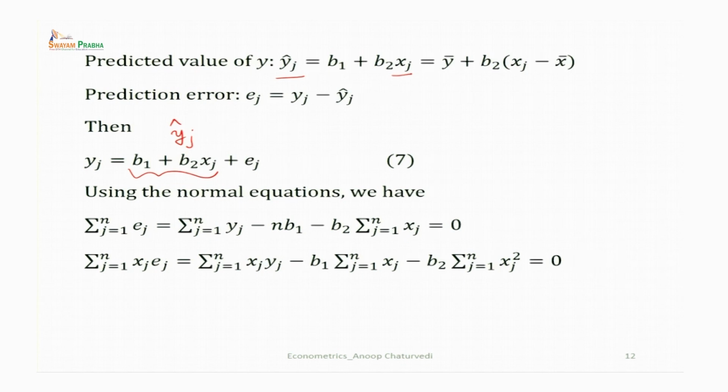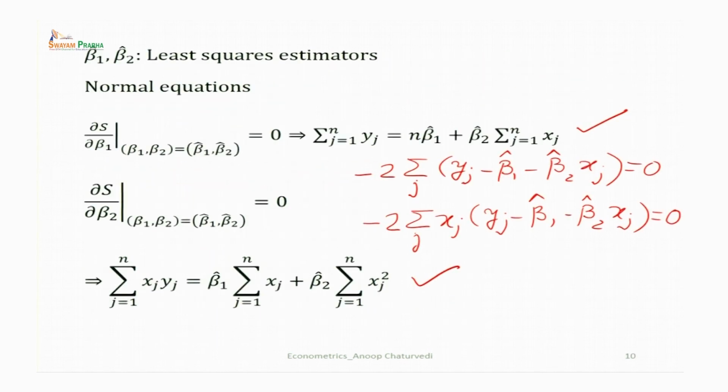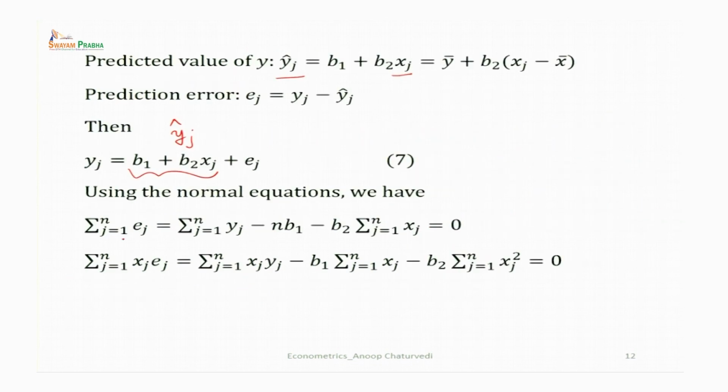Then from the normal equations which we have derived, from these two equations, you observe that summation E j is equal to summation y j minus n times b 1 minus b 2 summation x j, which is equal to 0 from the first normal equation, and summation x j E j is also equal to 0.